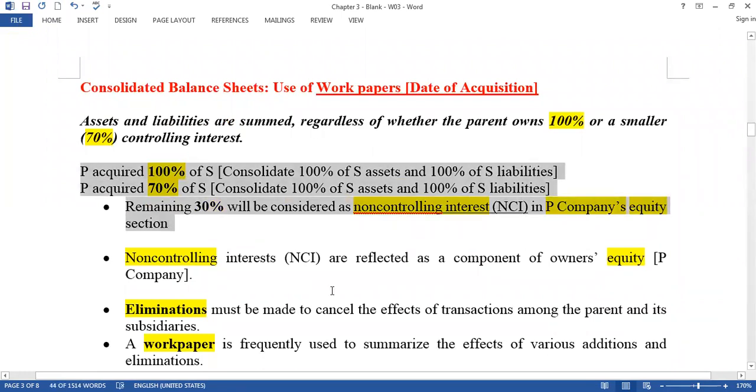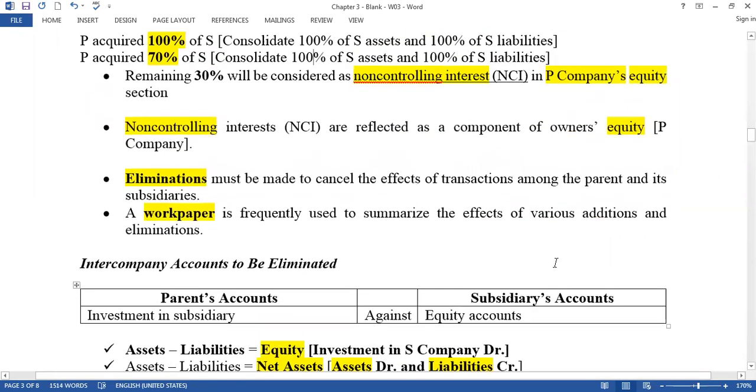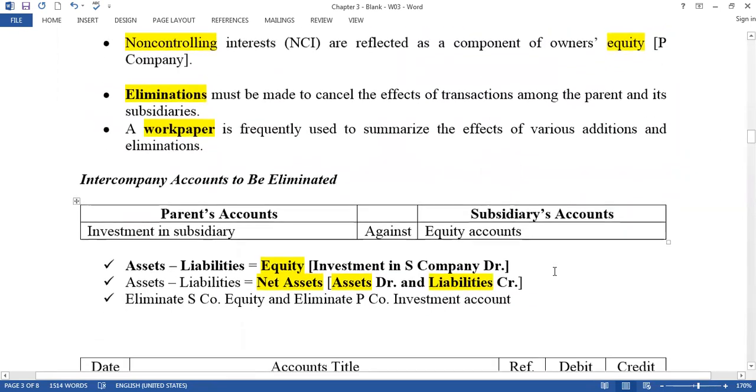Whether you acquired 100% or less than 100%, you have to consolidate 100% of asset and 100% of liability from the subsidiary company. And the remaining, if you acquired less than 100%, should be considered as non-controlling interest, and we should report it under the equity section of the parent company. So we should do some elimination entries when we do the consolidation.